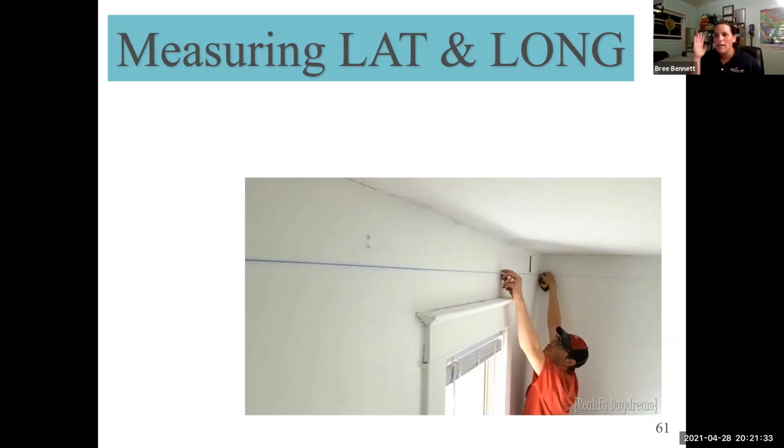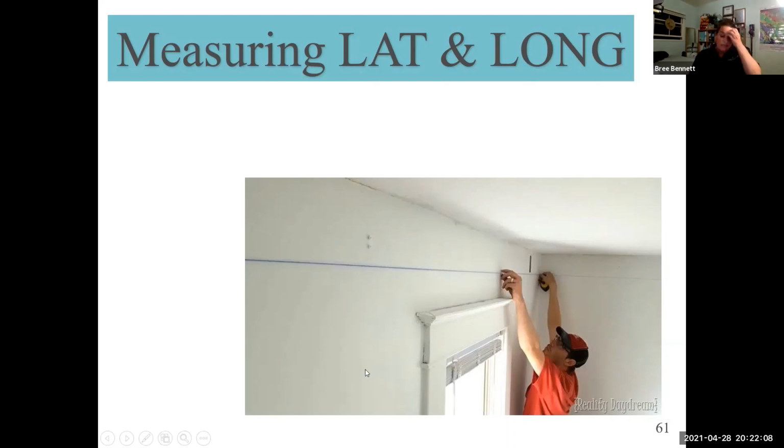If you want to make a parallel line to a line that already exists, one of the quick ways of doing that, if you don't have an instrument, is to measure the distance. If you measure 10 inches from the ceiling down, 10 inches from the ceiling down, 10 inches from the ceiling down, and then you connect all of those dots, that parallel line is going to be 10 inches parallel to whatever you are measuring from.